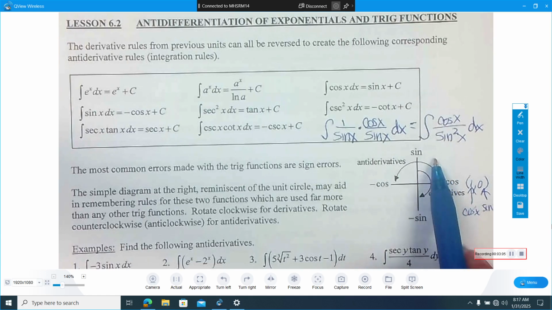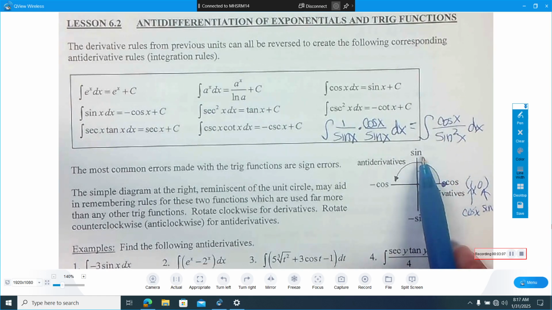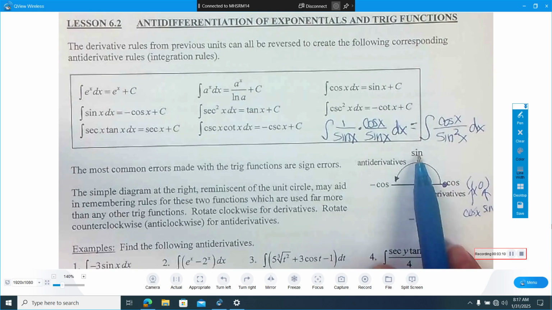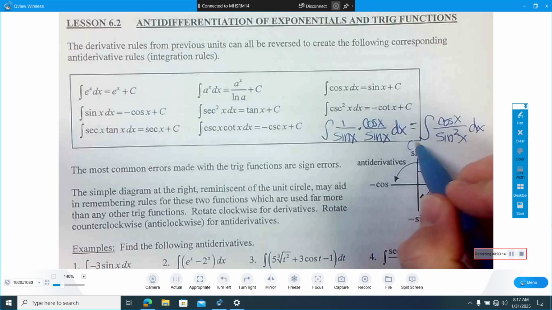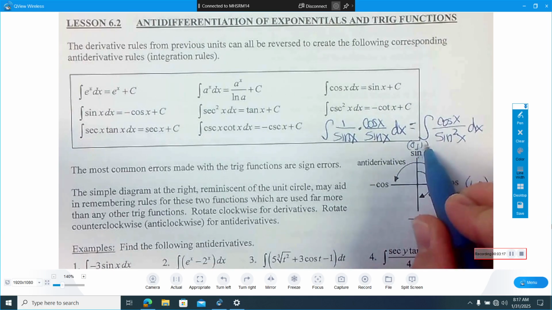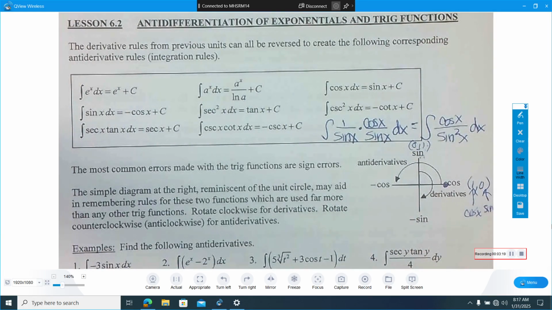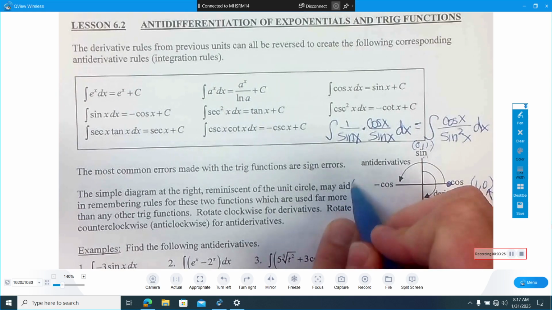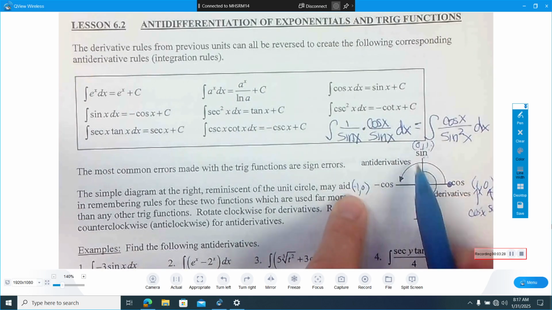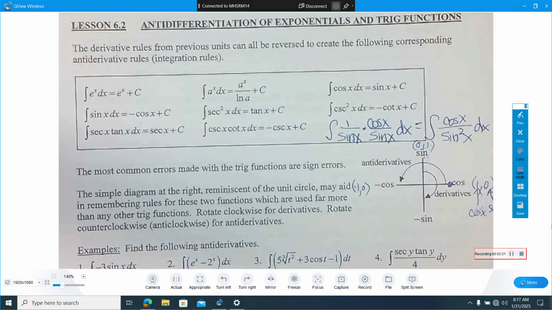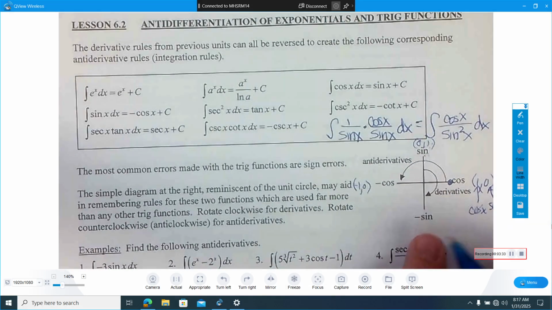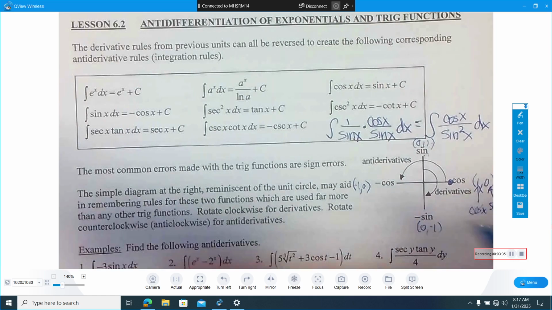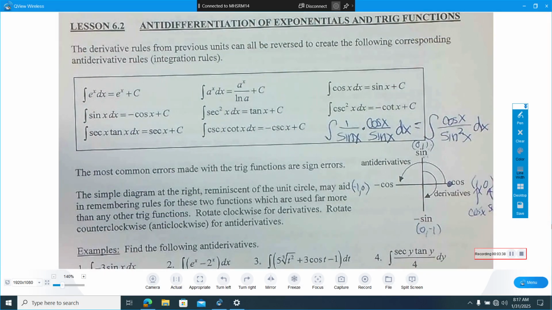In fact, everything here in quadrant 1, the cosine values are positive. And up here, sine is also positive. If we're up at the point 0, 1, the sine values are positive. Over on the left side, at negative 1, 0, cosine values are negative. And down here, at 0, negative 1, sine values are negative because we're below the axis.